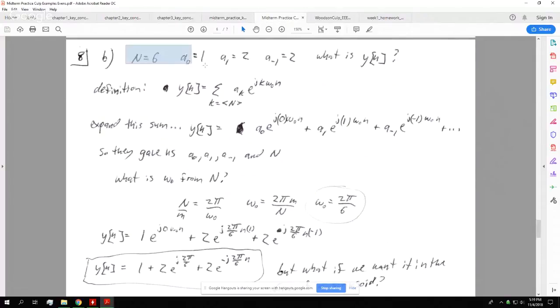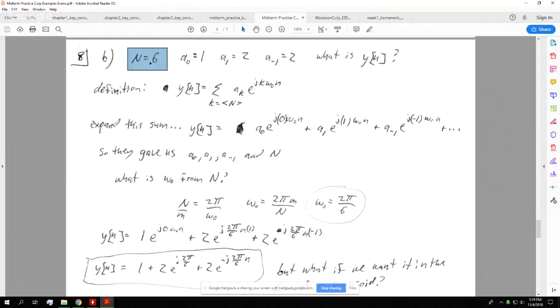But anyways, let's go back to my notes and see how we solve this. For part B, I've just restated what we're given: these Fourier series coefficients and a period, and we want to know what signal they represent. Remember, if our input was periodic, our output will be periodic.